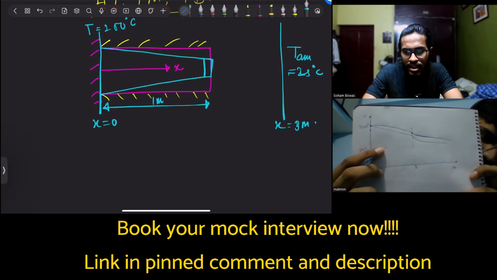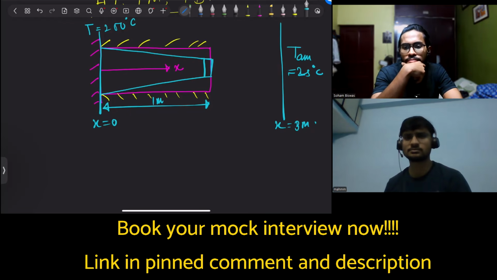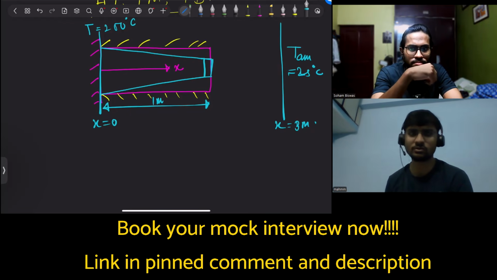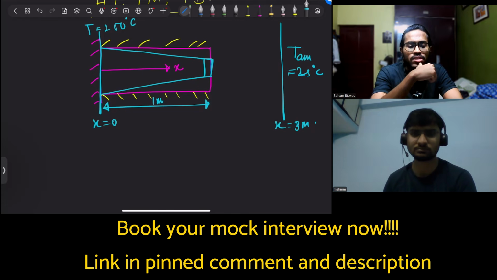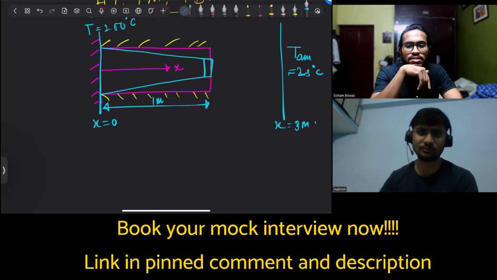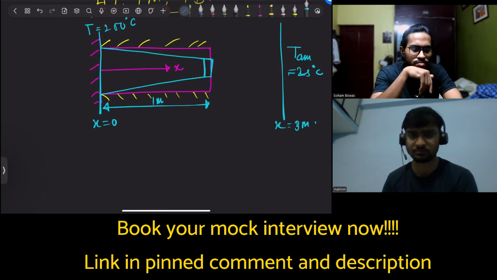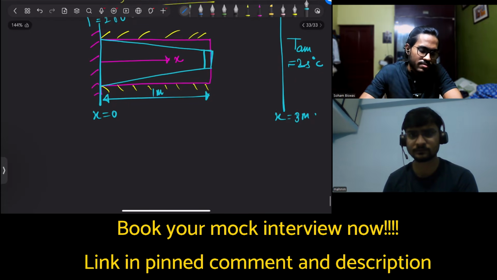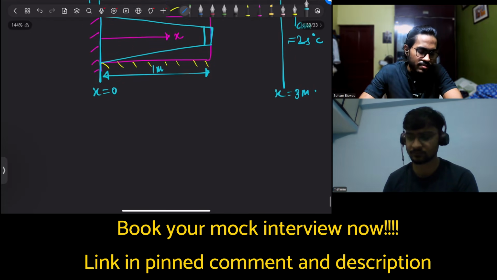Will the heat transfer increase or decrease? It will decrease, because the overall thermal resistance will increase, as there is less space to transfer heat.